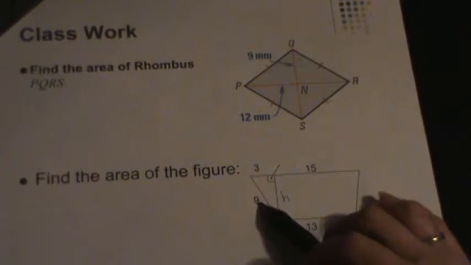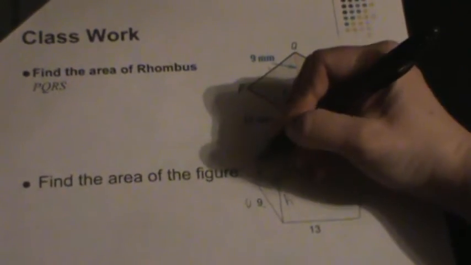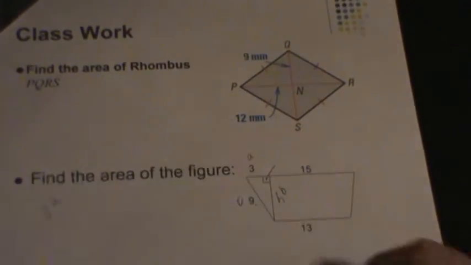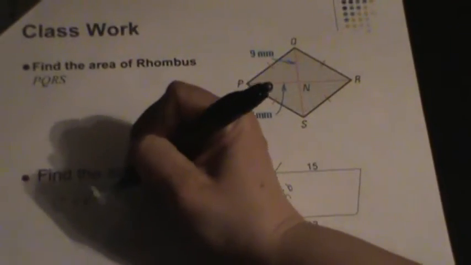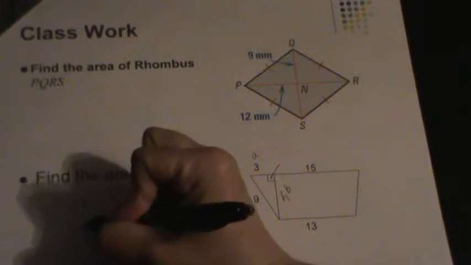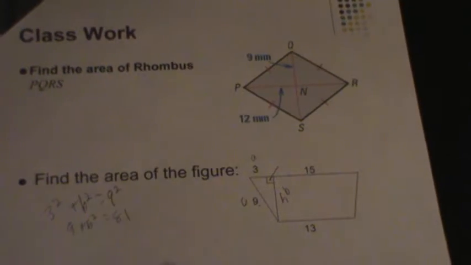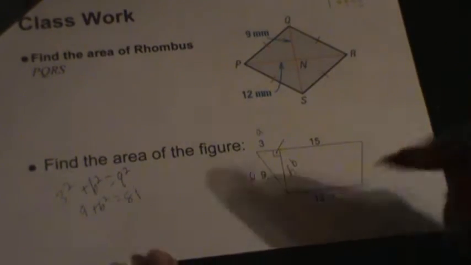So with your Pythagorean theorem, my 9 is going to be C, and then my 3 would be my A, my H, my B. So I'd have to do 3 squared plus B squared equals 9 squared. 3 squared is 9, plus B squared equals 9 squared is 81. I start solving. I have to subtract the 9 from both sides.